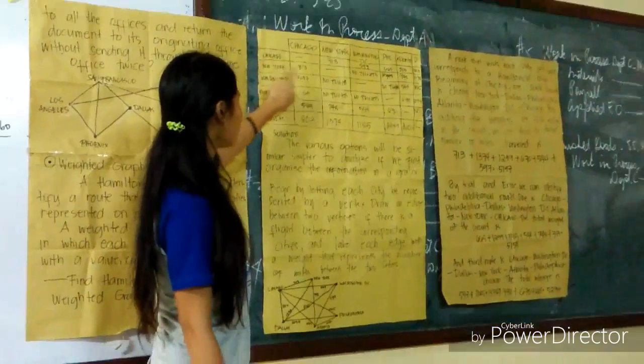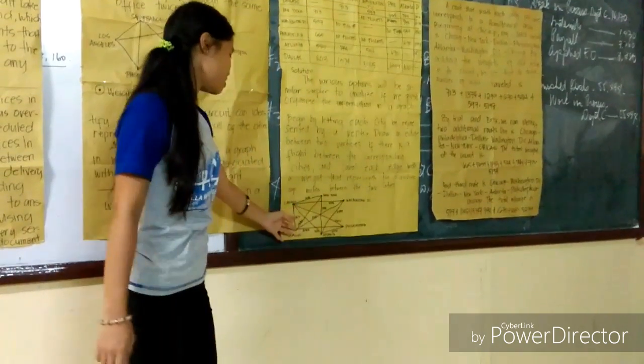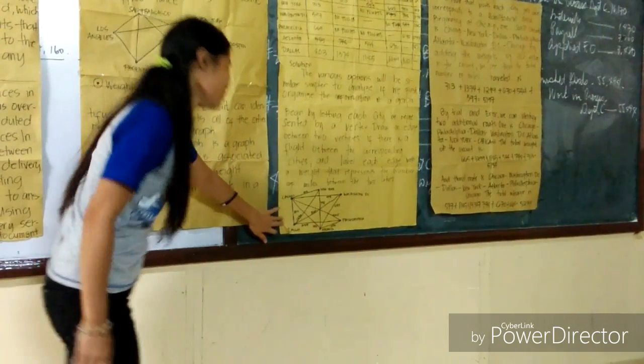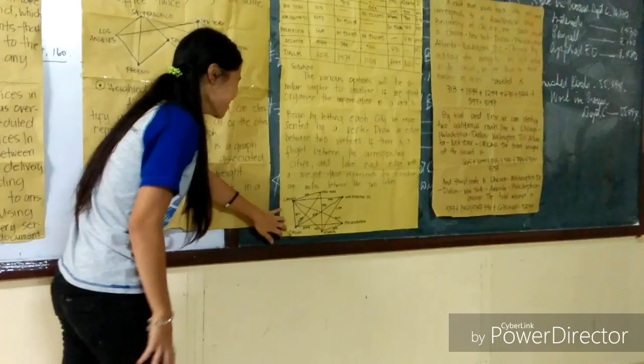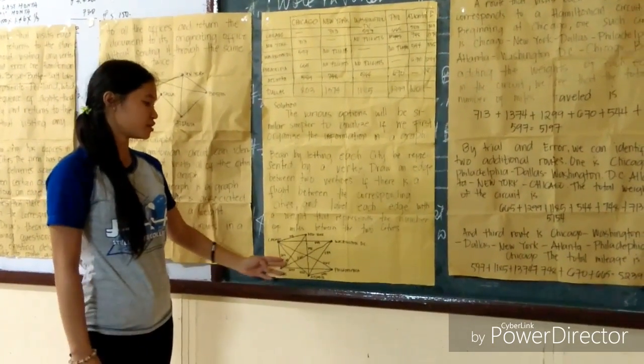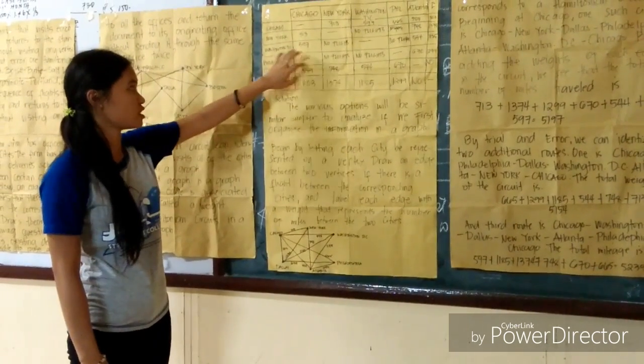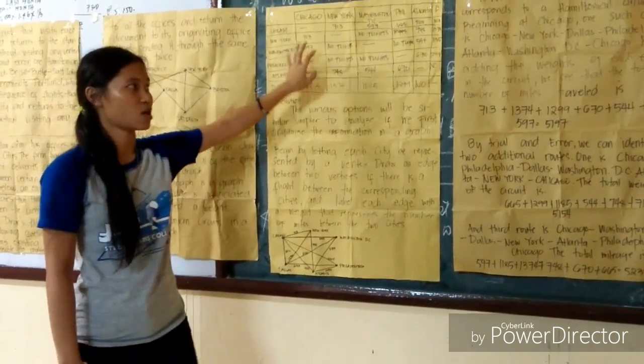And then New York to Chicago 713, it is similar. So this is the graph. These numbers are the weights of every city pair.